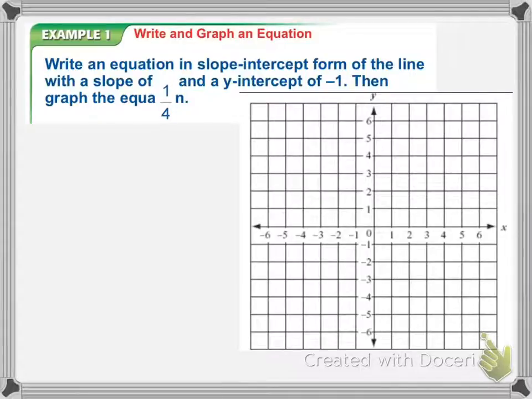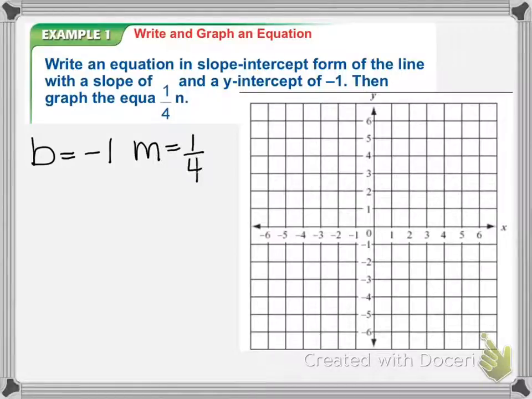We're going to write an equation in slope-intercept form of the line with a slope of 1/4 and a y-intercept of -1. Okay, and then we're going to graph it. So basically, you take your y-intercept, which is b, and that's -1, and you take your slope, which is 1/4.